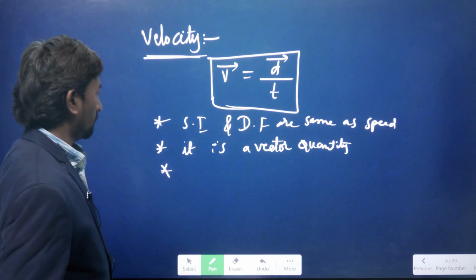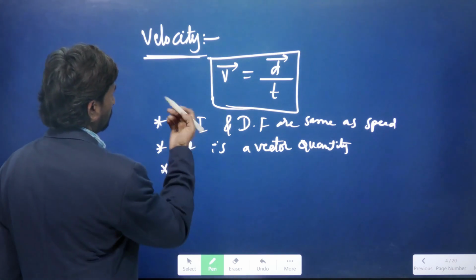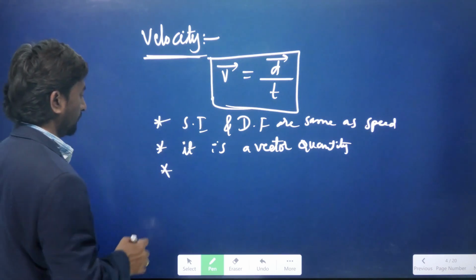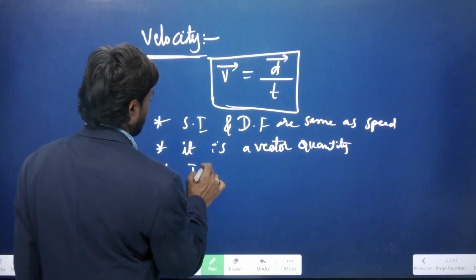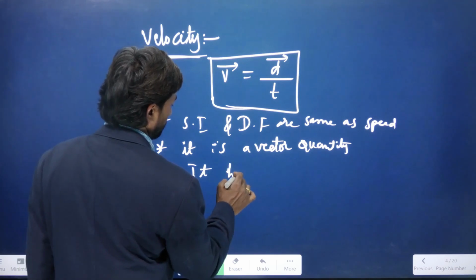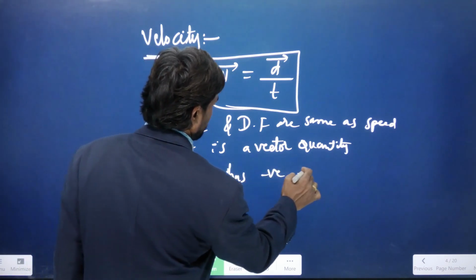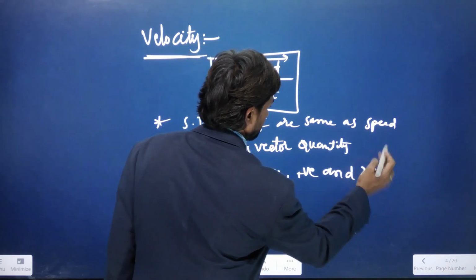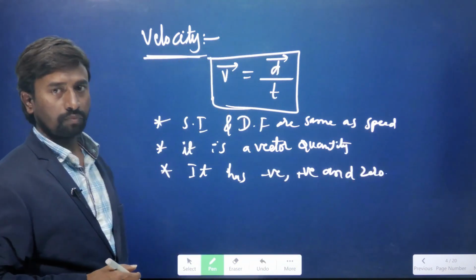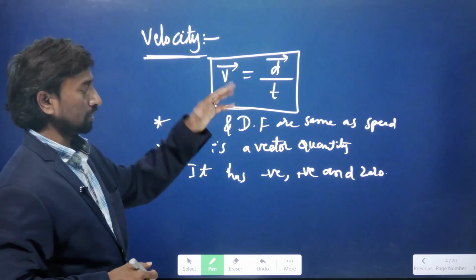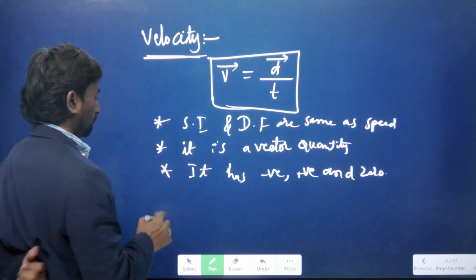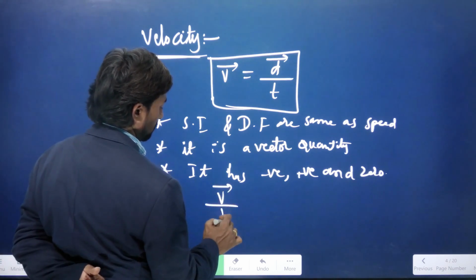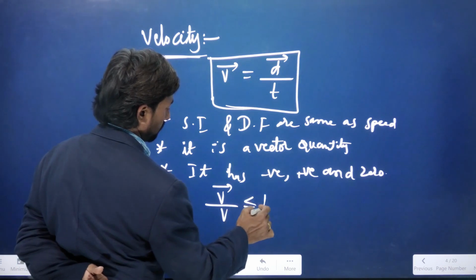Okay. Then the CGS unit of velocity. The CGS unit is also the same, so centimeter per second there. Now, if you take the ratio of velocity to the speed, this is always lesser than or equal to 1.